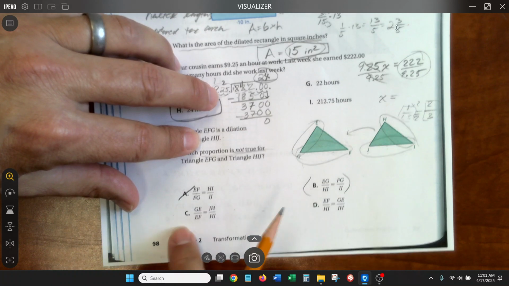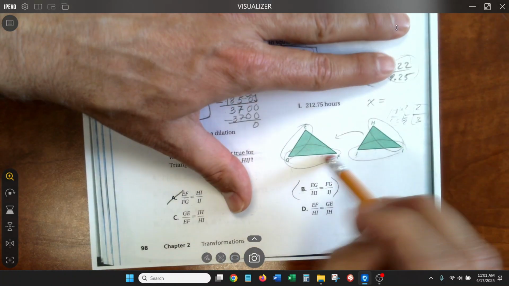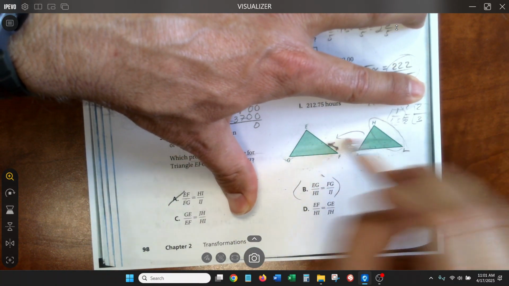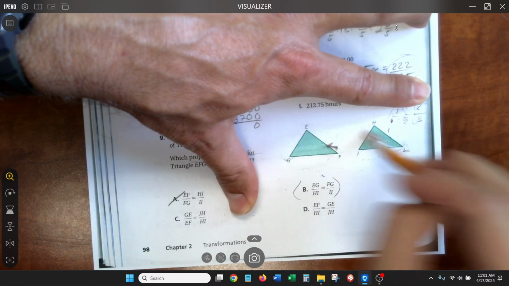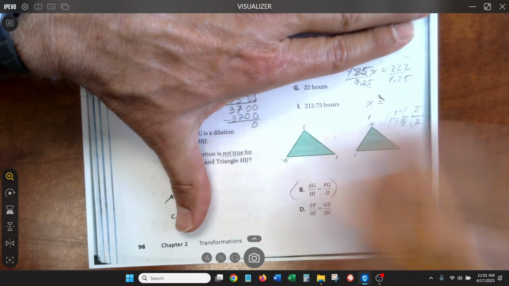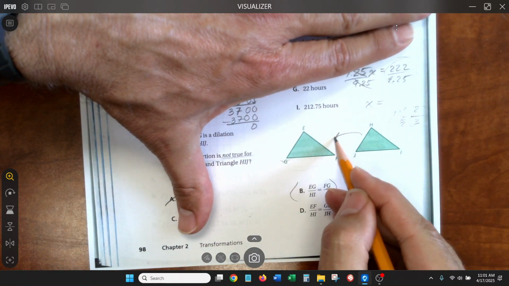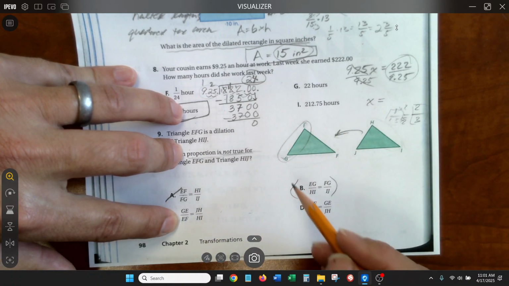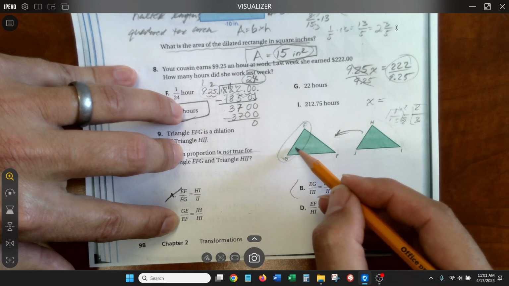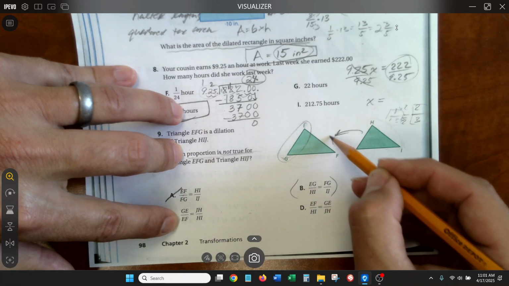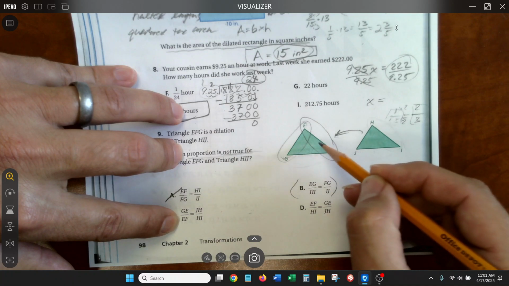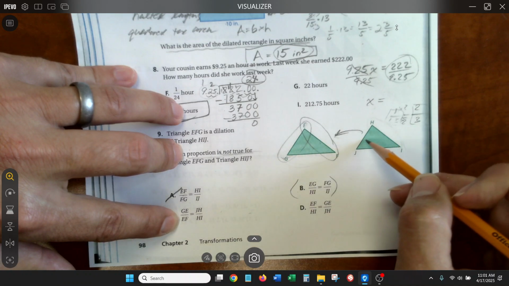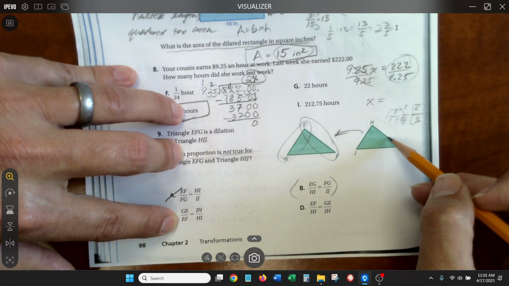Let's eliminate C and D just to be safe. So, excuse me, erase this, just so that we can have confidence in our answer choice of B. So if you look at GE compared to EF, left side of larger one compared to right side of larger one should be equal to the left side of the smaller one compared to the right side of the smaller one.